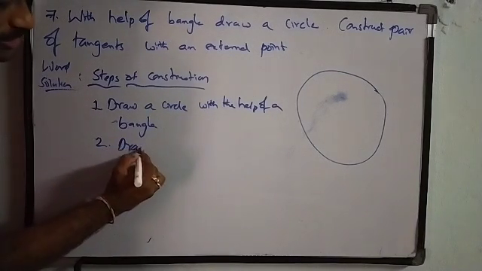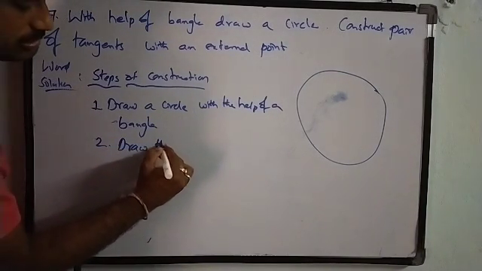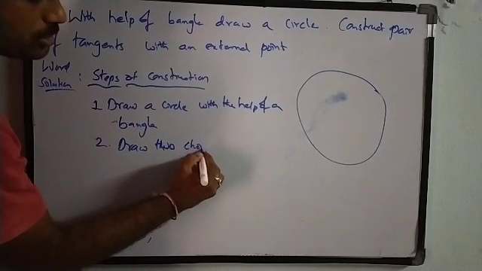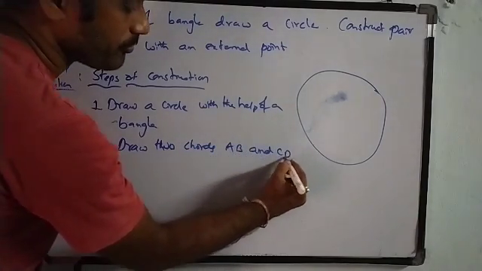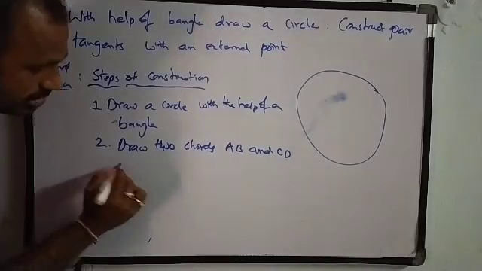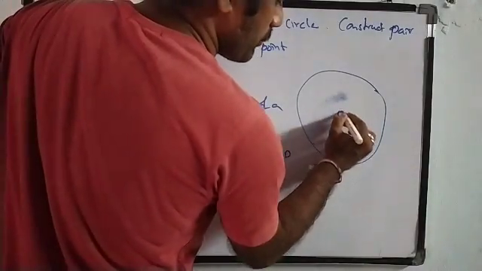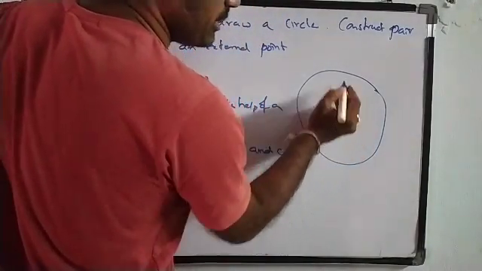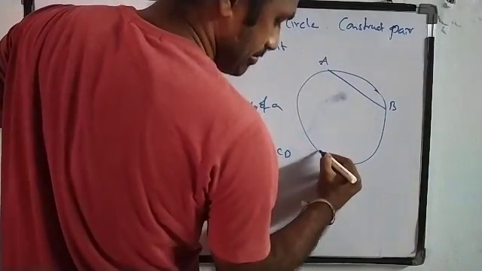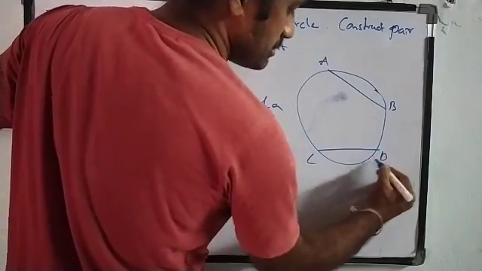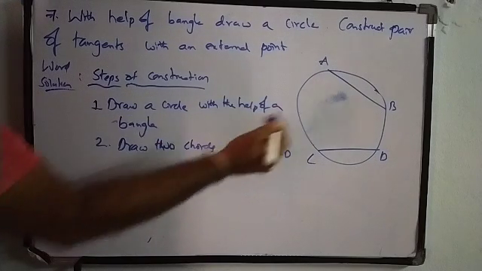Step 2. Draw two chords AB and CD. We don't have any center, so let us suppose this is chord AB and this is chord CD. Two chords we are drawing at different places.